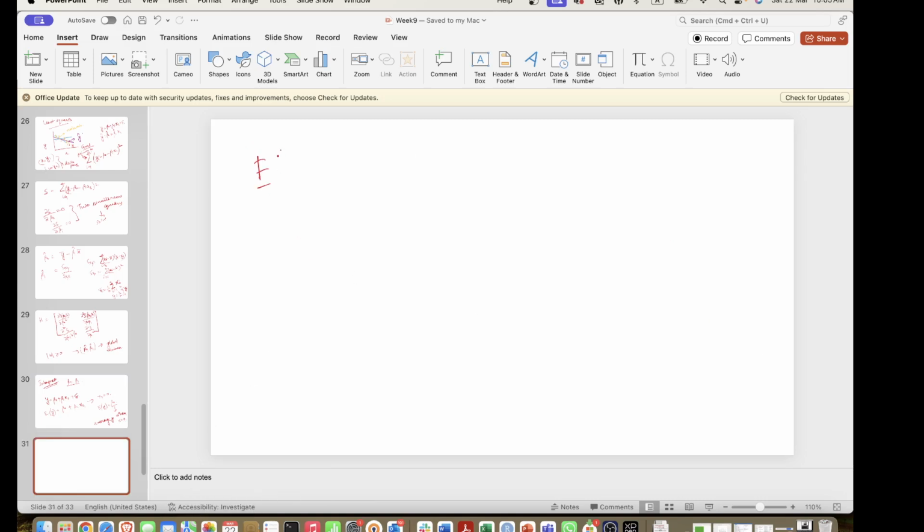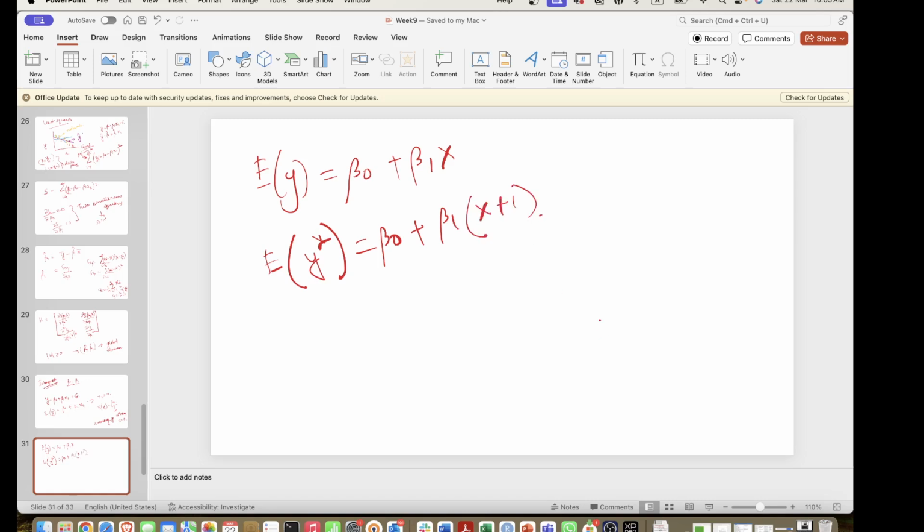Again, expectation of y equals beta naught plus beta 1 x, and if I consider x plus 1, here I would have y star equals beta naught plus beta 1 times x plus 1.